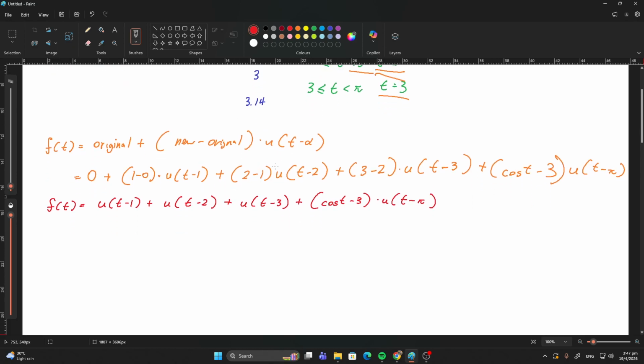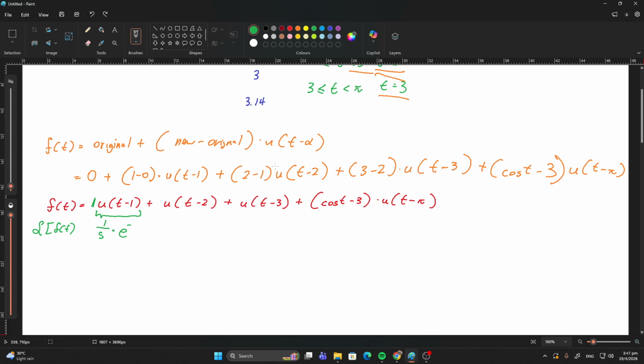I think it's quite simple to Laplace, except for the last one. So I'm just going to go ahead and do the messy method. So this one, I'm going to Laplace, okay. There's a 1 in front, right? So the 1 is 1 over s times, then when you Laplace the unit step, it becomes e to the minus alpha s.